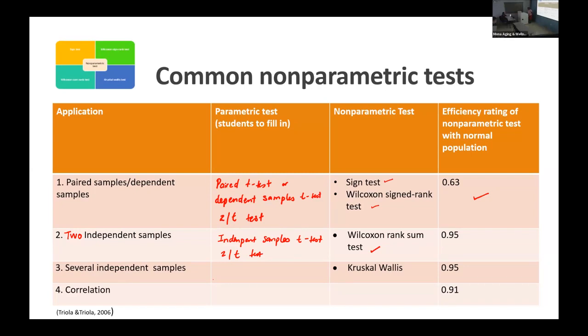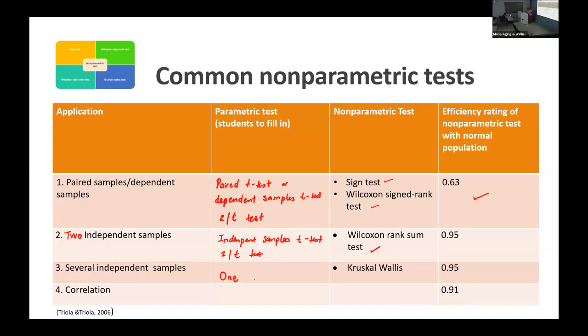Now, if we want to analyze several independent samples, what's the test that we use? So let's say we want to look at age across more than 2 groups, so several independent groups, like age by region: north, south, east, west.